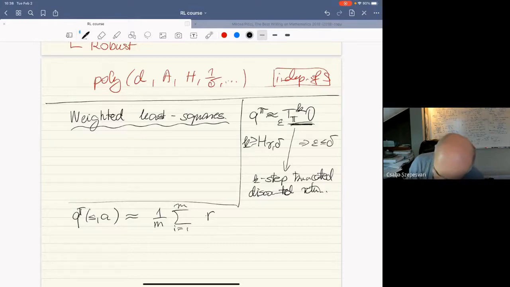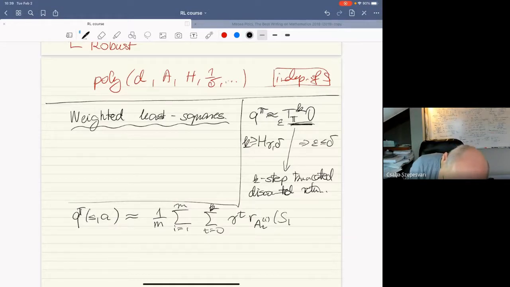In every trajectory, there are going to be k steps, and there are all these actions and states.